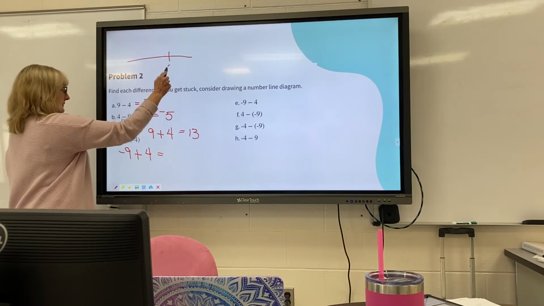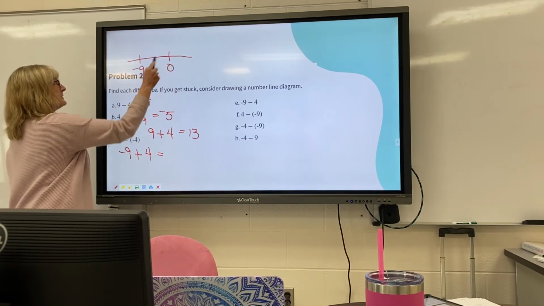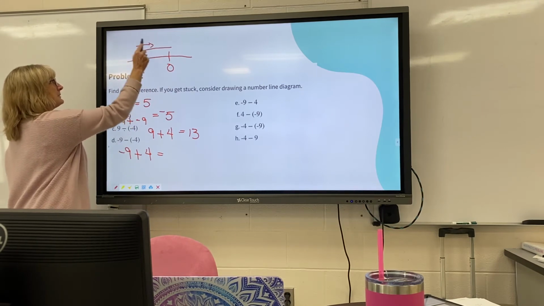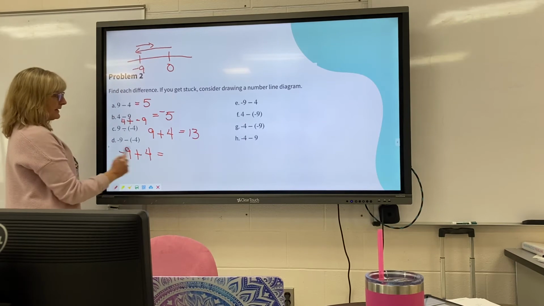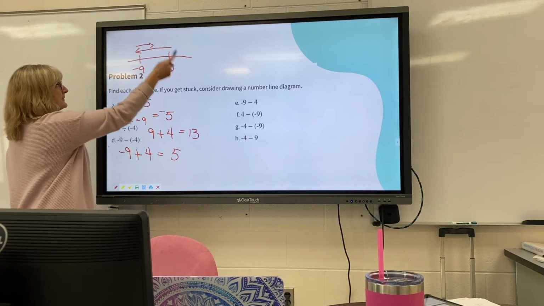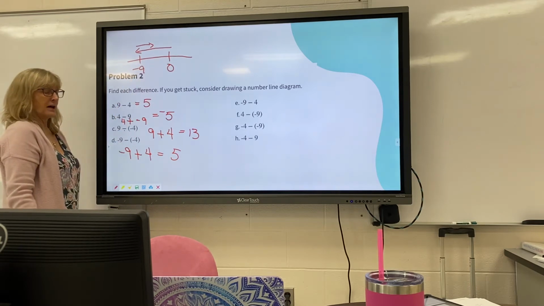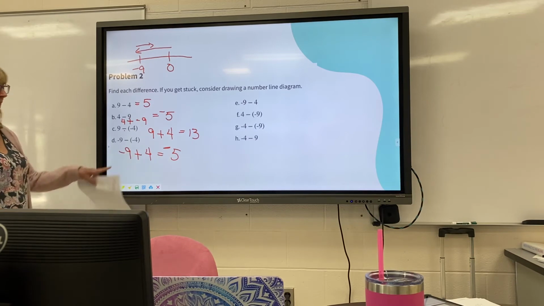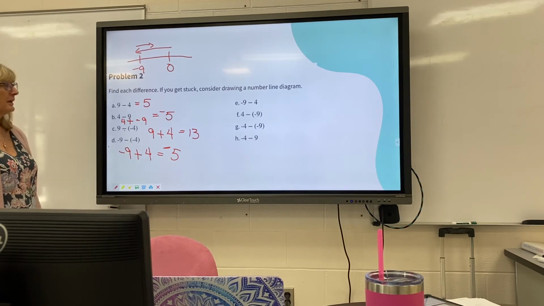Think about what that's going to look like on the number line. Here's -9. Now I'm going to do +4, so I'm going to have some canceling right here, and that's what subtraction means. Okay, do I end up on the positive side or am I still on the negative side? Still on the negative side. I'm still on the negative side because I have a longer negative arrow than I do a positive arrow.